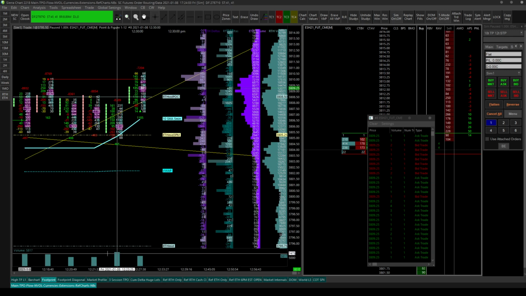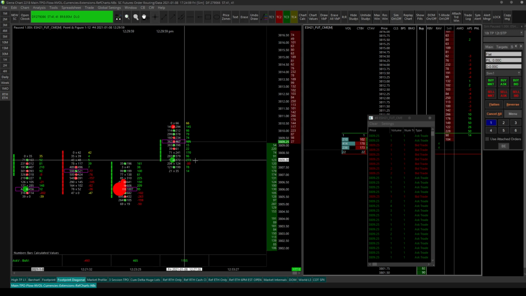part of the chart. So a lot of folks are used to seeing footprints like this, right? Where it's this number by this number, and that shows you your net deltas. I've got this one configured to show the volumes, so the bid volume and the ask volume, and then the difference of that, right?